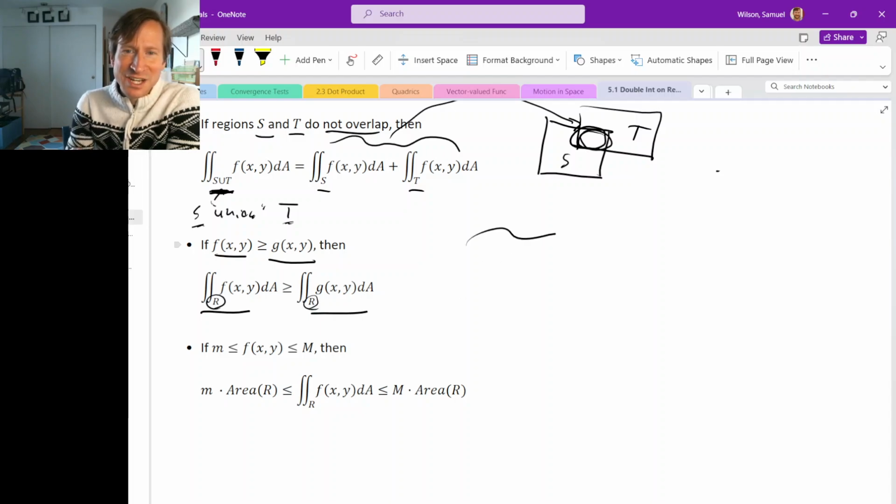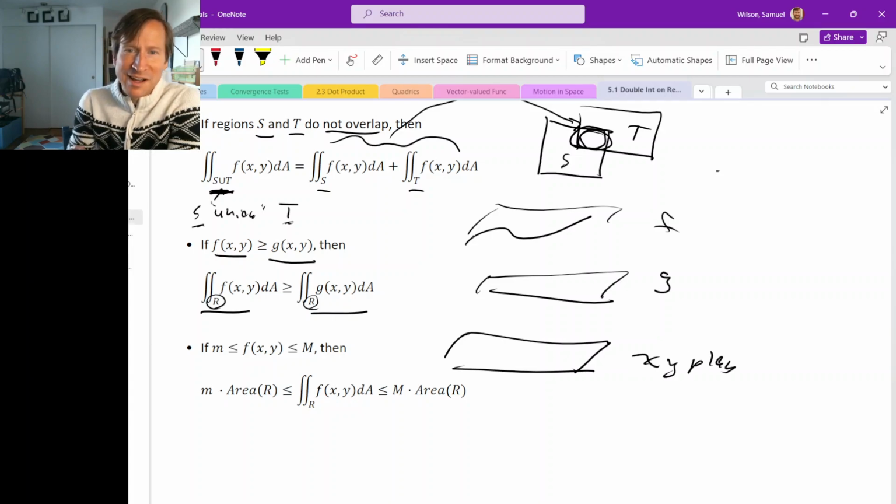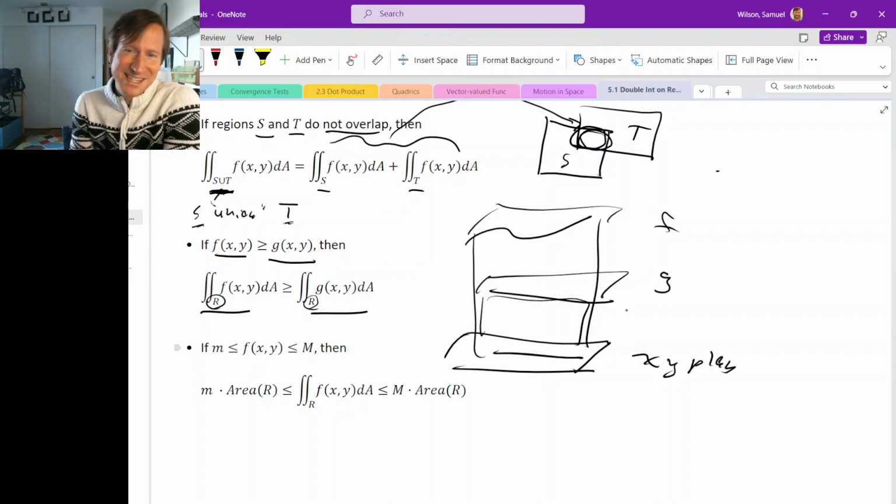This is just because if your graph of f is above your graph of g, if f is up here, g is down here, and the xy plane is down here, the volume under f is just bigger than the volume under g because it contains the volume under g. Okay. Of course, I said volume. Really, we should be talking about signed volume, but the same argument works for signed volume.